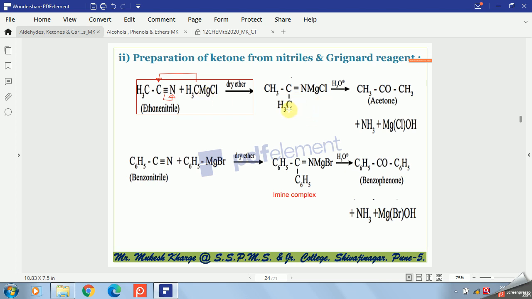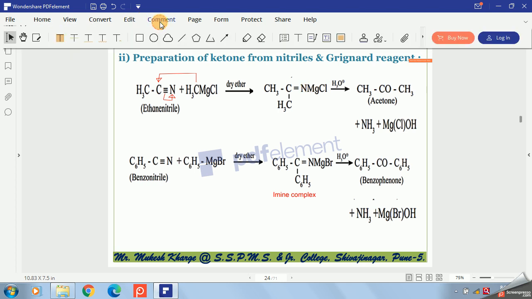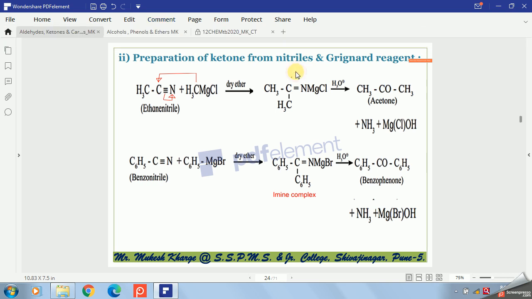So we get a complex, it is unstable, and it undergoes hydrolysis. So to carry out the hydrolysis, we have to break the double bond here, and we can add a group HOH. So again nitrogen is more electronegative, so add hydrogen to nitrogen, and OH to this carbon.